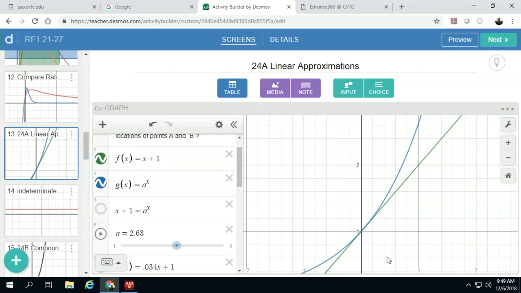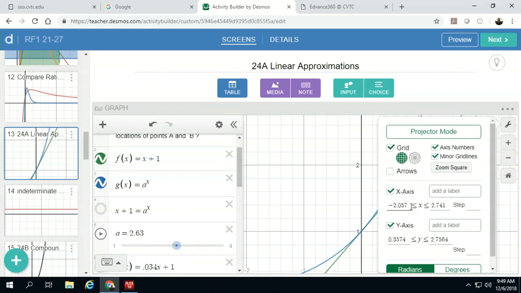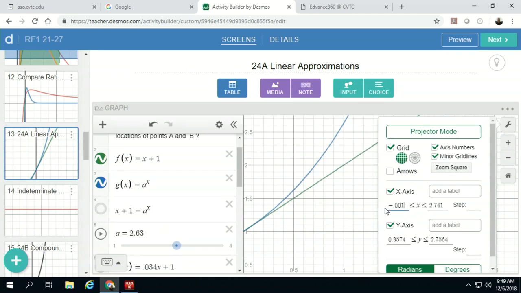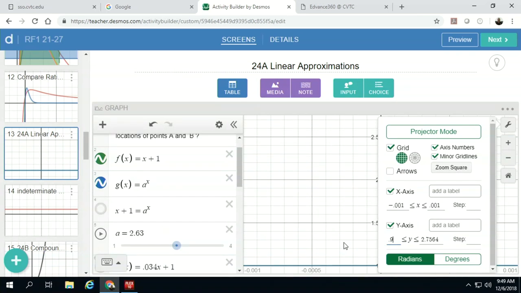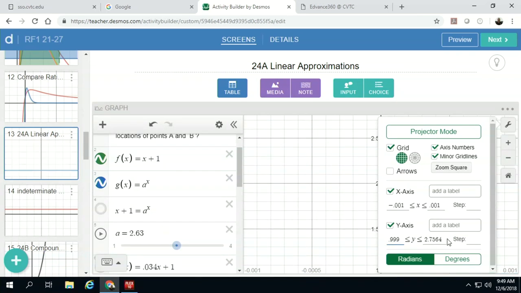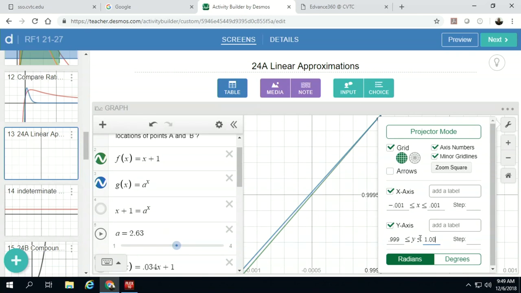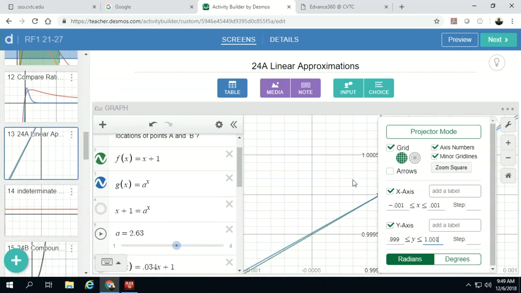Now change the viewing window so that you go on the x-axis from -0.001 to +0.001. And the y-axis, you go from 0.999 to 1.001.